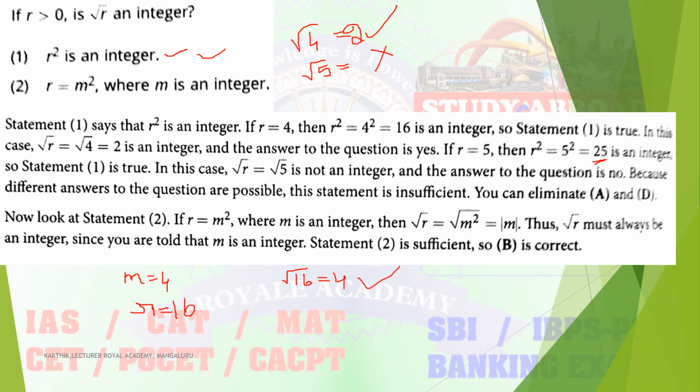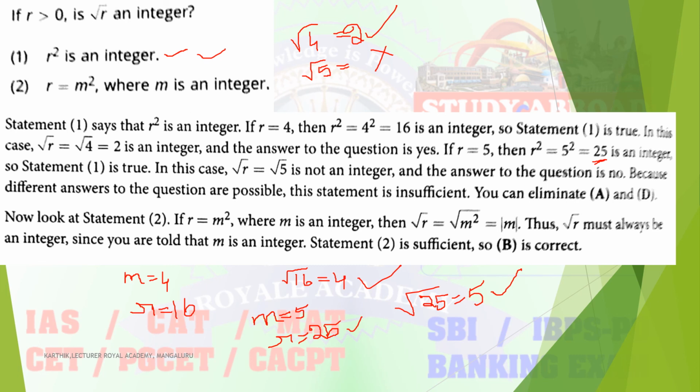Second case, I will take m as 5. Then r is m square, which is 25, an integer. Then the square root of 25 is 5. So both cases are satisfied.